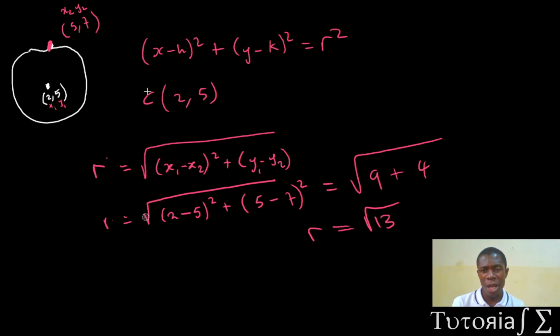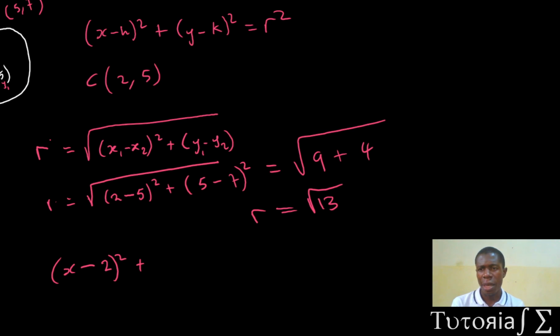So putting in the equation, we're going to have x minus h. H is the center for x, which is 2, squared, plus y minus k. K is the other part, which is 5, then squared, is equal to r squared.